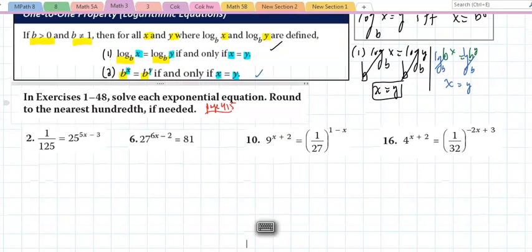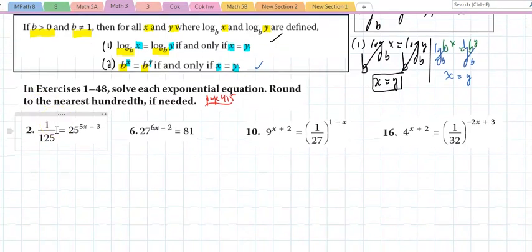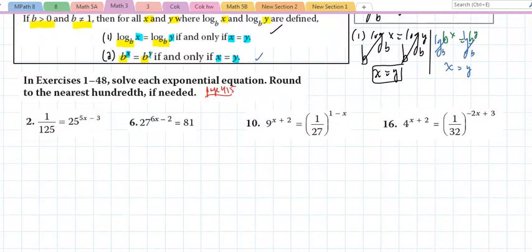So, based on that, I could use logs, and I could use those shortcuts. If I'm allowed to use a calculator, it wouldn't matter. If I'm not allowed to use a calculator, then I should aim for those first. Well, let's see. I'm glancing at this problem and thinking, alright, that's an exponential equation.